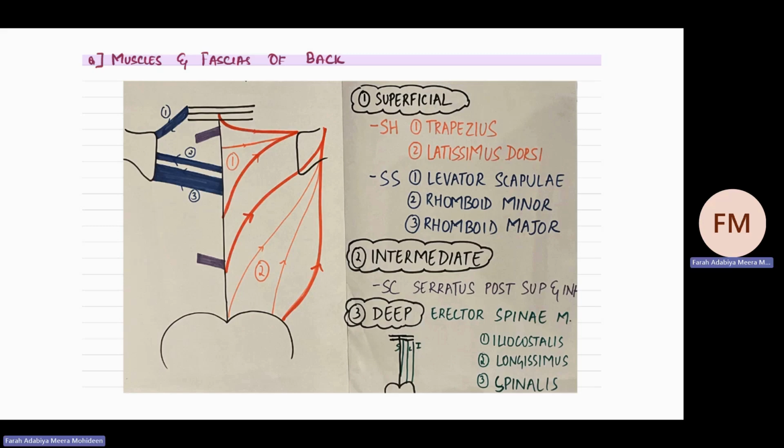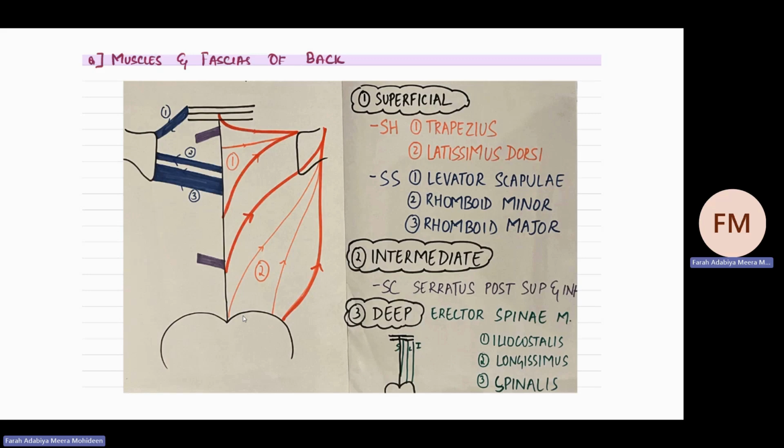The second muscle that we'll talk about here is your latissimus dorsi. Your latissimus dorsi, again, spinohumeral. So from your spine, the spinous processes of T7 to T12, iliac crest, and your thoracolumbar fascia.